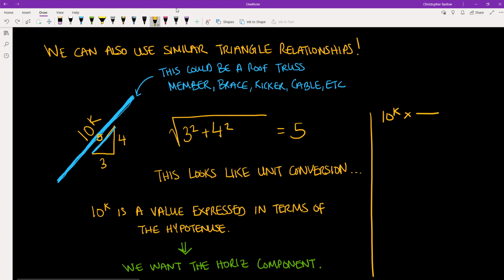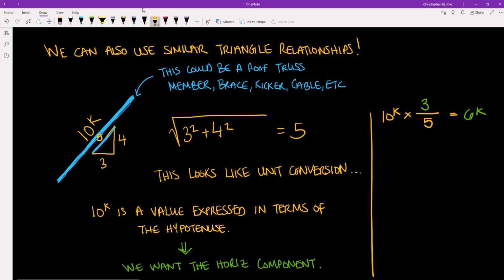So we need to set up that ratio. So the force vector along the hypotenuse is related to the horizontal component with a ratio of 3 over 5. So it's exactly like converting units. We're, in a sense, taking away the hypotenuse in the denominator and replacing it with the horizontal component in the numerator. And so we get 6 kips for our horizontal component.